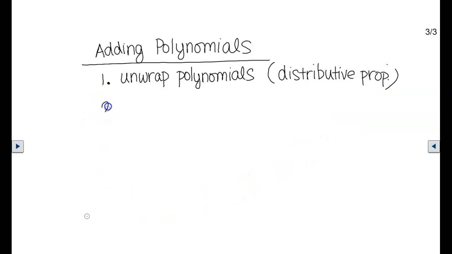So I'll show you that in a second. And then step 2 is going to be to combine like terms. So we're going to unwrap the polynomials by using the distributive property, and then we are going to combine like terms. So here's what we're talking about.